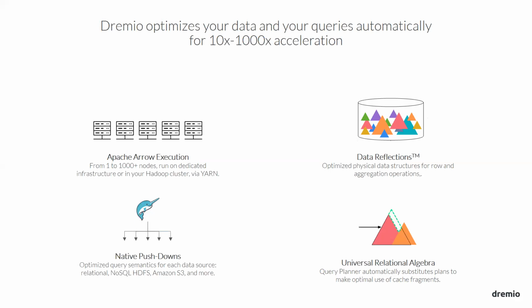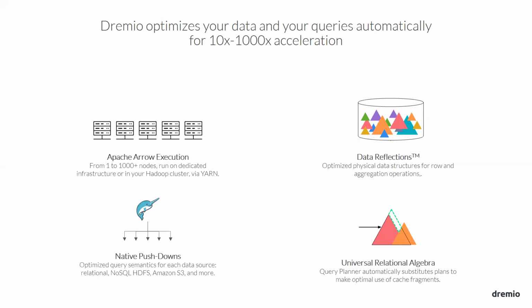And what these data reflections are, basically we can maintain different perspectives of the data, different representations of the data on S3, for example, or on Hadoop. And those could be various aggregations of the data, different dimensions and measures. They could be the raw data sorted by specific columns and partitioned maybe by a different set of columns, maybe distributed by some of the columns for large fact-dimension table join acceleration.